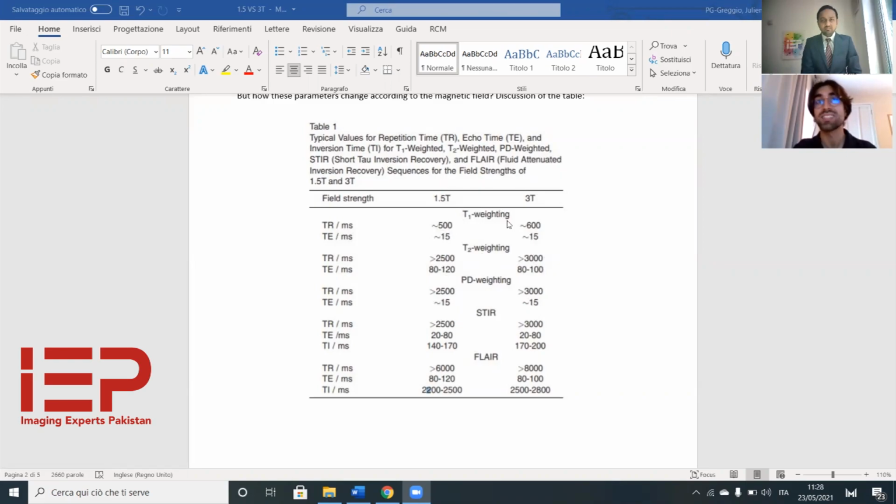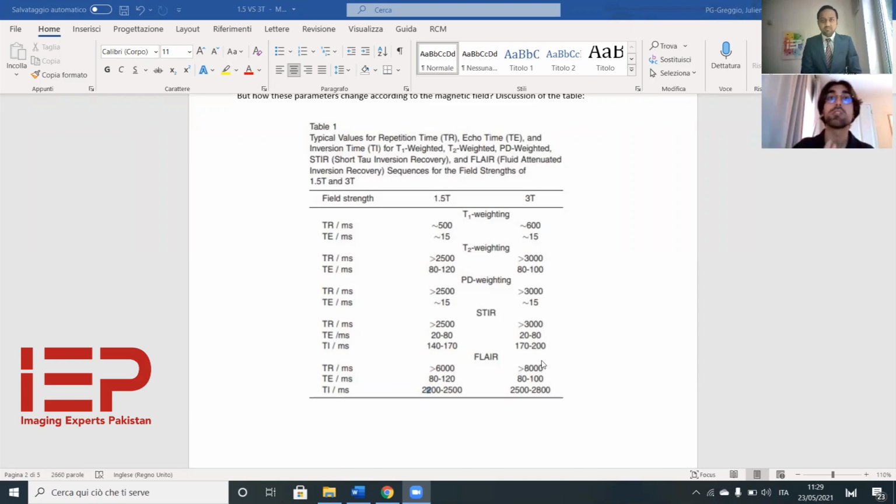But there are some major differences regarding the TR that must be considered, especially as regards T2 and proton density, STIR as well. But the major difference is regarding the FLAIR. So we see that there is a huge increase of the TR in the 3 Tesla system.